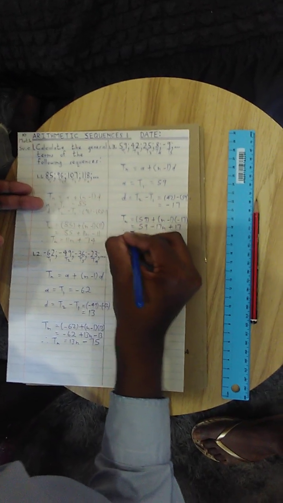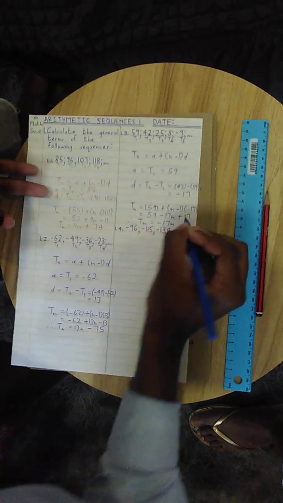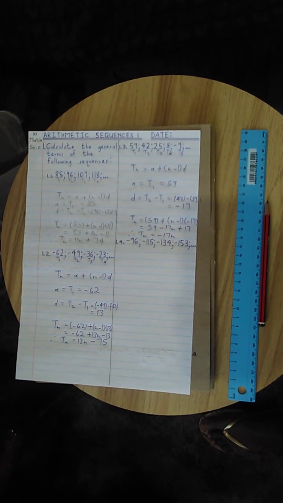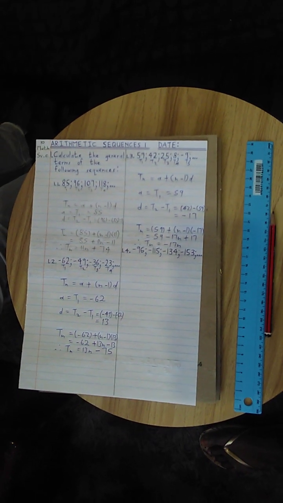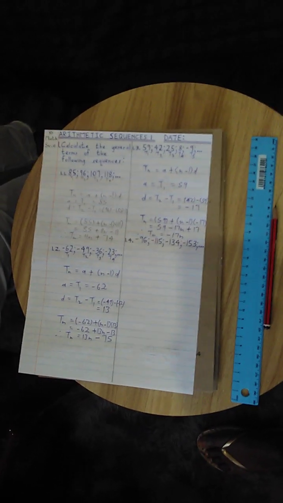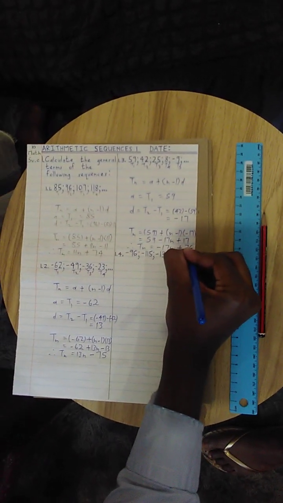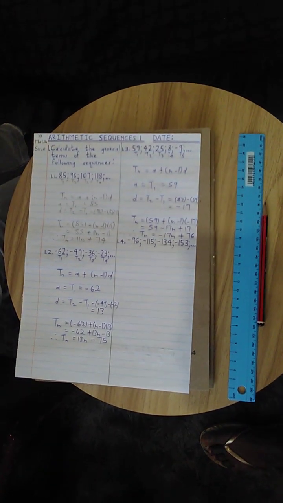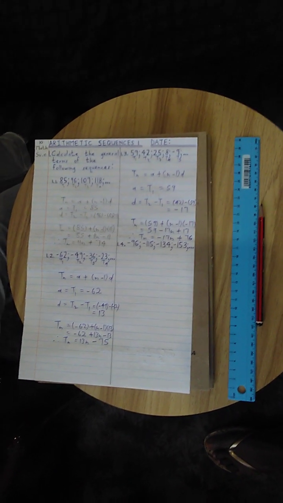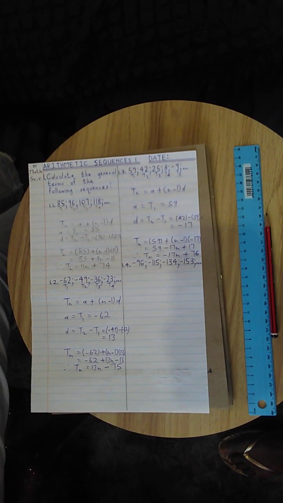So the final answer is Tn is equal to negative 17n, 59 plus 17, which is 76. So that's the general term. Tn is equal to negative 17n plus 76.